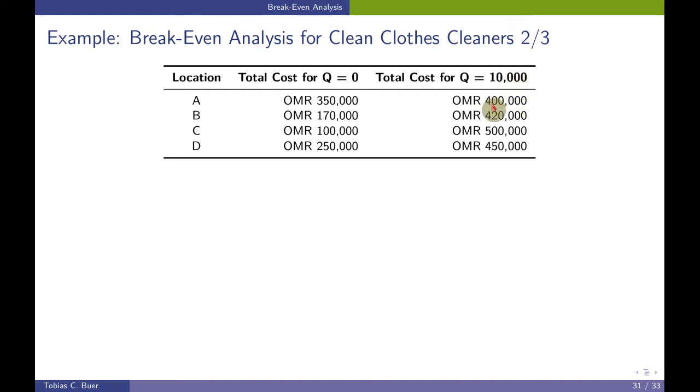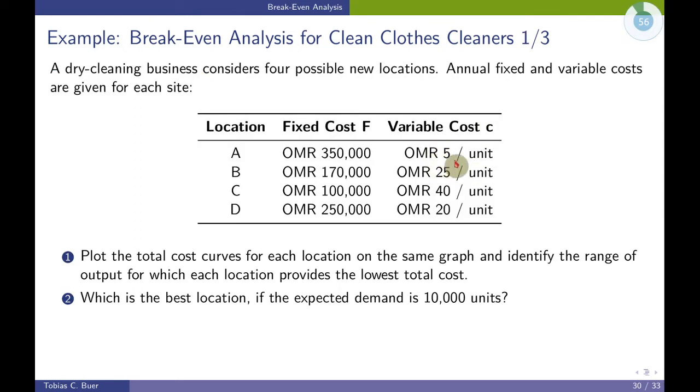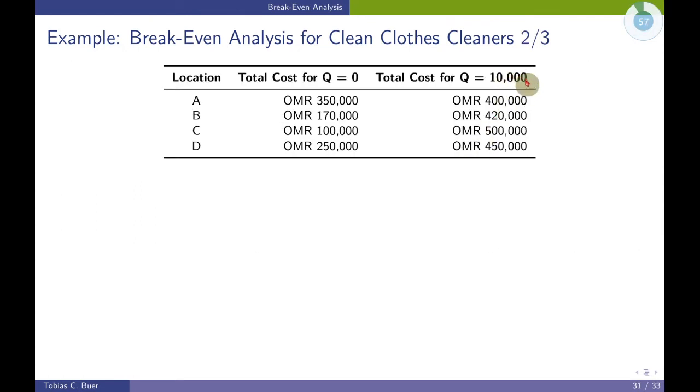So how did we calculate this total cost value? The total cost is the fixed cost plus the variable cost times the sales quantity. So for location A, 350,000 plus the variable cost of 5 Omani Rials times 10,000 units. We repeat this for the other locations, and now we have 2 points to draw the straight line for each location.